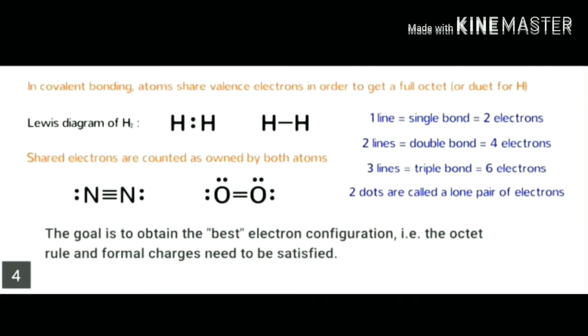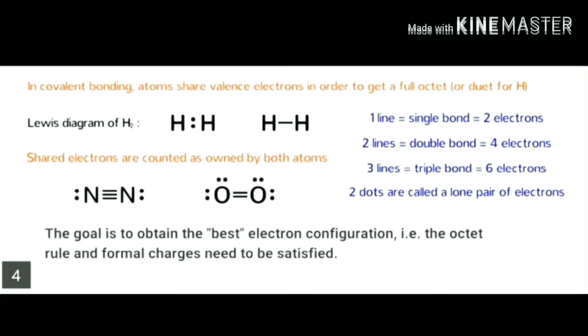One line represents a single bond, which contains 2 electrons. Two lines represent a double bond, which has 4 electrons. As you can see in the example, both oxygen atoms are sharing 4 electrons in total and forming a double bond to satisfy the octet rule.